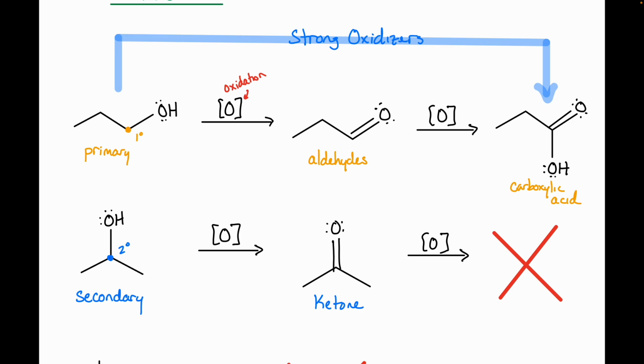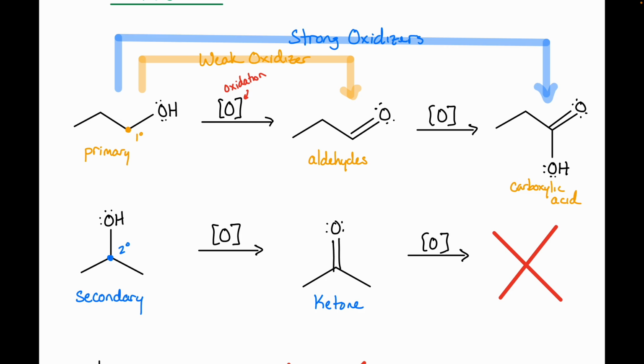If instead we wanted to stop at that aldehyde step, that's when we would need to use one of our weak oxidizers. A weak oxidizer will convert a primary alcohol to an aldehyde.